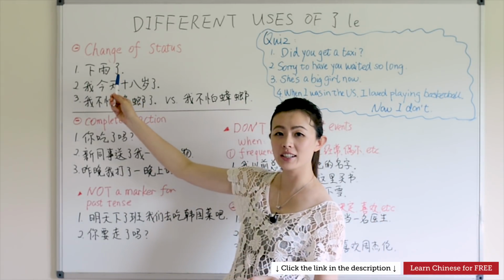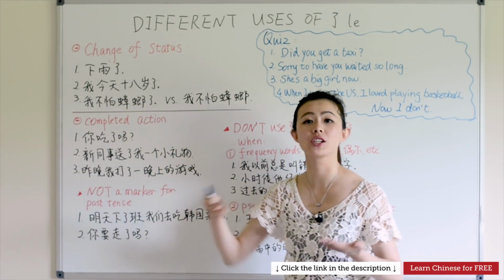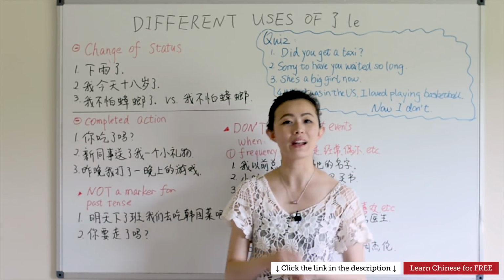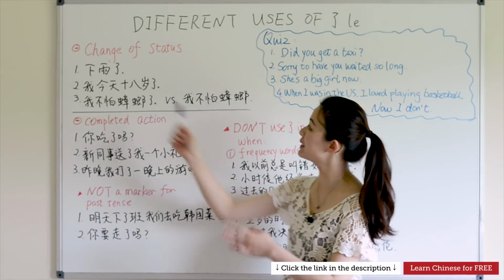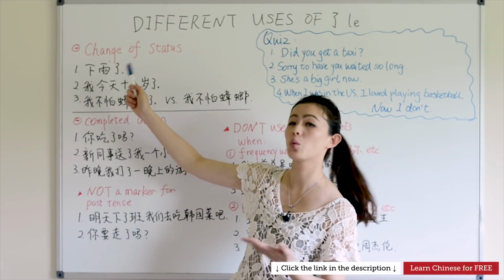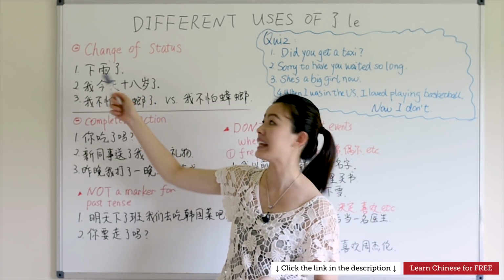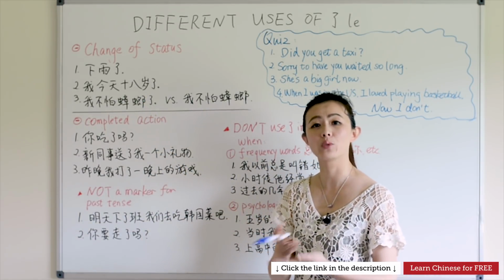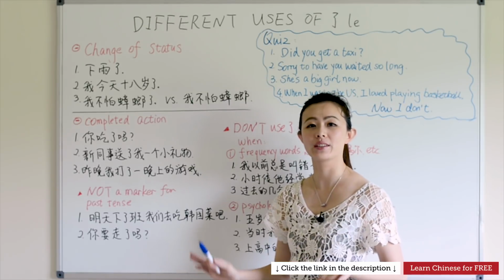Because there's a le here which indicates the change of status, it means it wasn't raining a second ago, but now it is raining. Even though you don't see 现在, the word meaning now, in the sentence, it indicates that now it is raining. It wasn't raining, now it is raining.